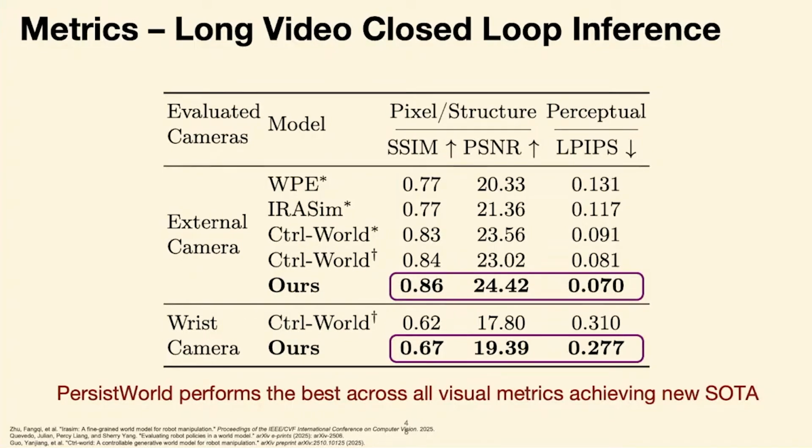So SSIM and PSNR measure your pixel level similarity, so things like whether the lighting and other things are the same. And LPIPS checks more human-aligned things like edges and other perceptual metrics. And we see that this improvement is both on the external cameras and the wrist cameras. And the wrist camera is generally a bit worse because it is a more dynamic scene, so it's going to be a bit harder.